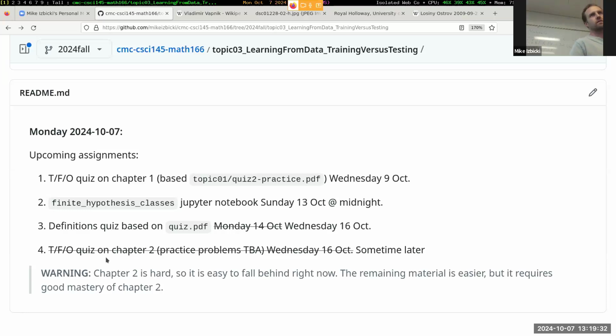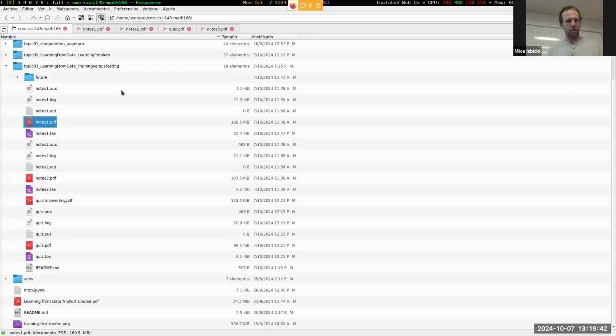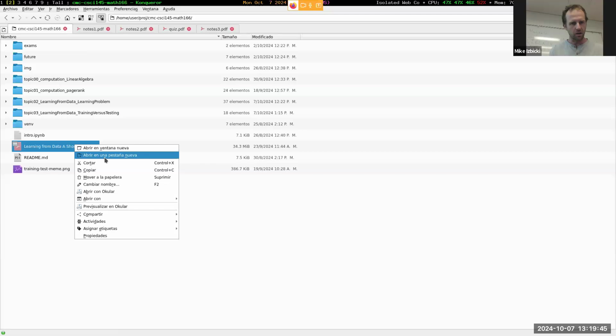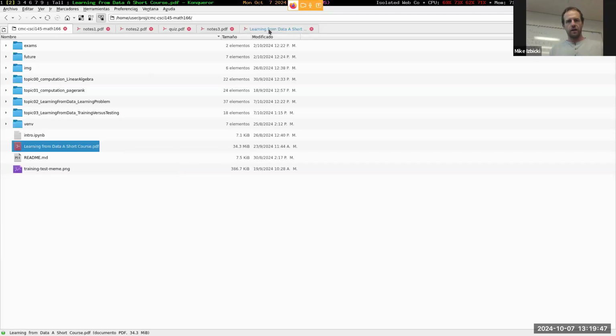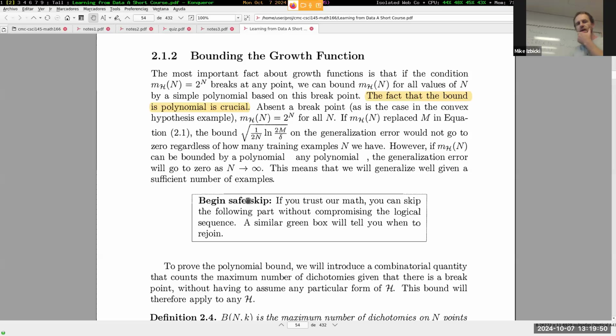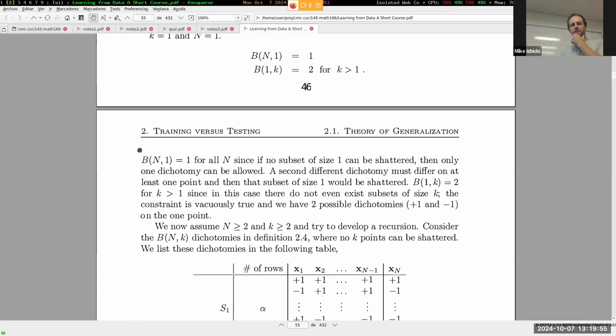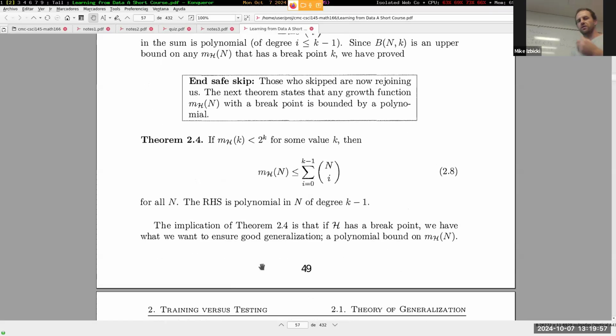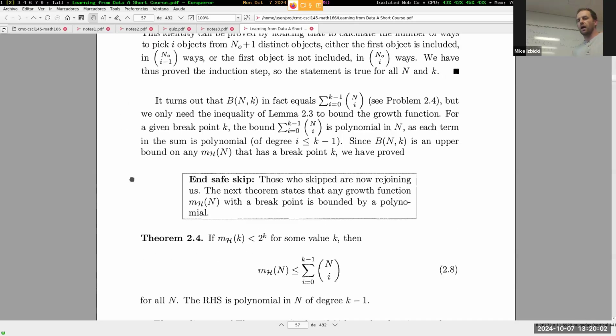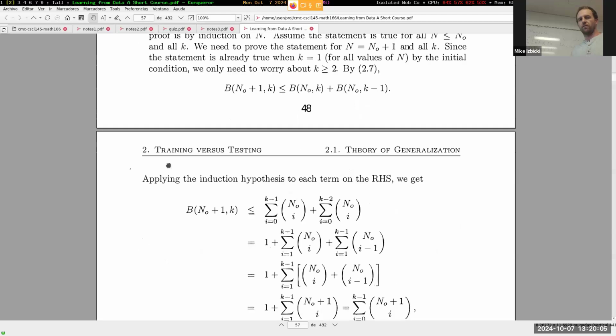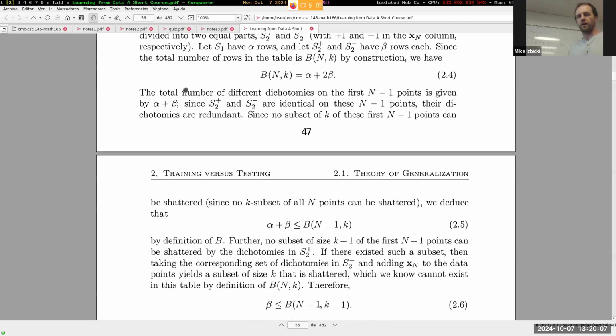Yes. How deep into the safe skip sections of chapter 2 should we go? The safe skip sections of chapter 2. So I'll pull up my copy of the textbook right here so we can look at it for a second. There are these boxes here marking the begin safe skip and the end safe skip down here. These go into technicalities of different proofs, and you are not responsible for any of the material between those boxes.